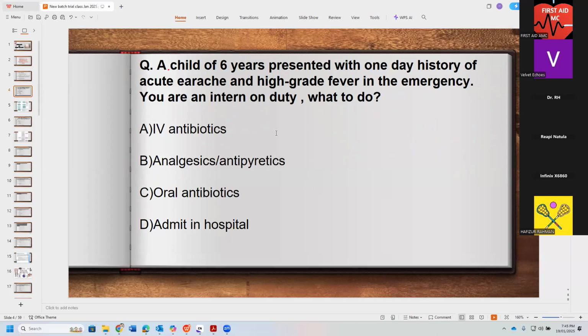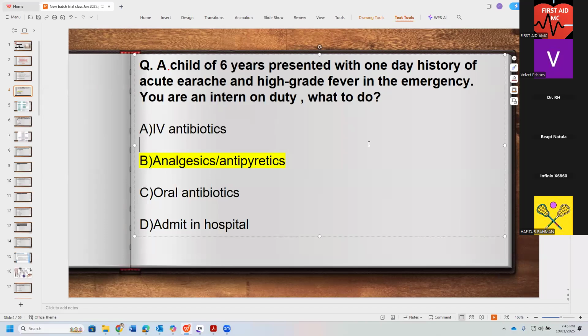We just give them analgesia and antibiotics for the first 48 hours. If the patient does not respond in the first 48 hours, meaning their fever is not coming down and their pain is not settling, we ask them to present again within 48 hours for review and for giving oral or IV antibiotics depending upon the septic state of the patient.